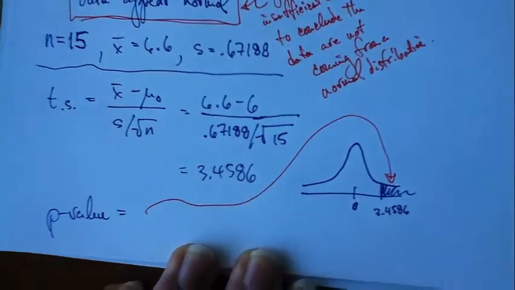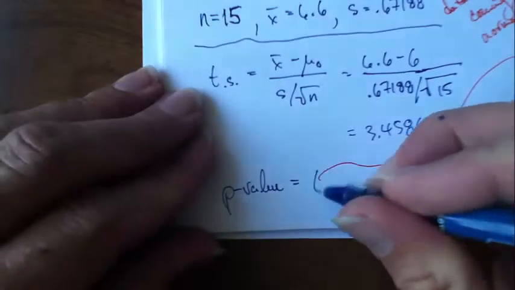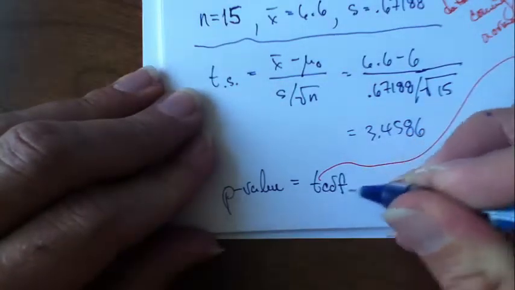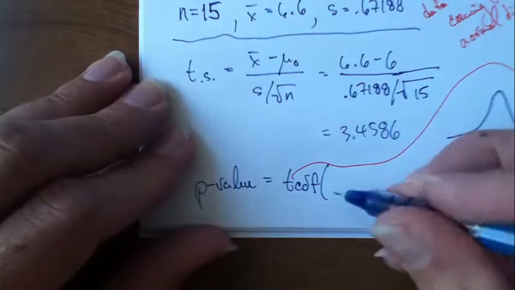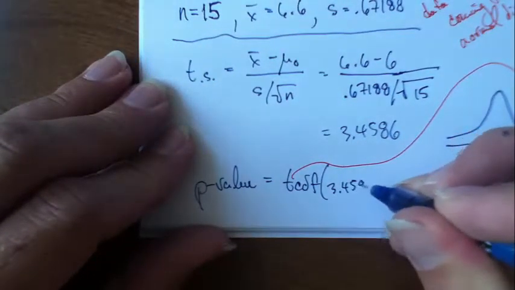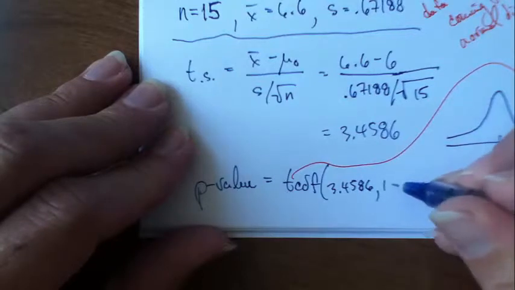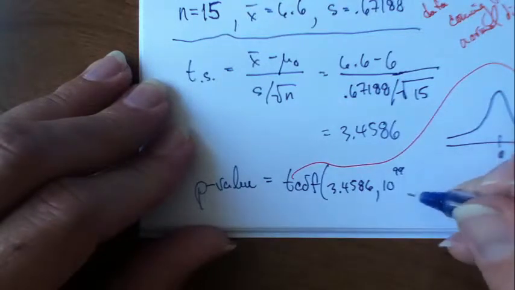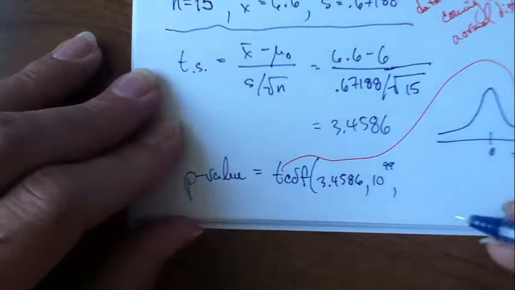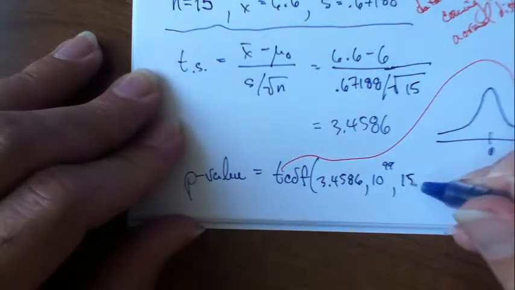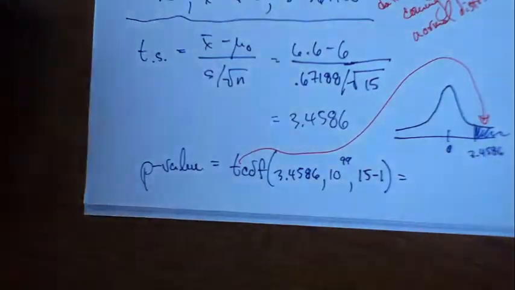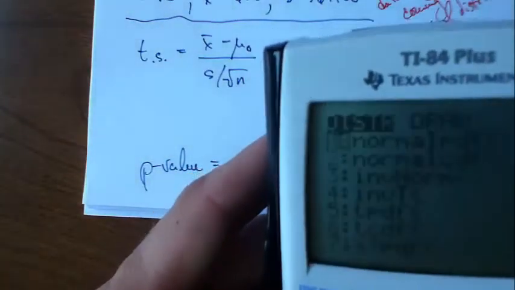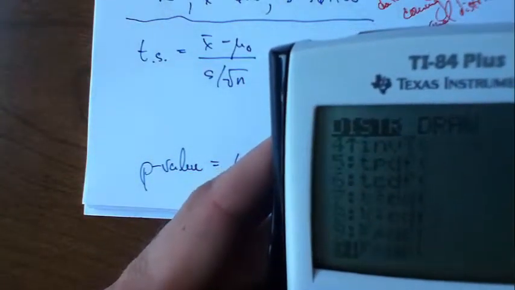Okay, and so I get that using the tcdf function. Okay, go from 3.4586 up to, forever, 10 to the 99th or whatever. And then I have to put in my degrees of freedom, which is 14, right? One less than the sample size. Okay, so distribution function, wait a minute, where is it?